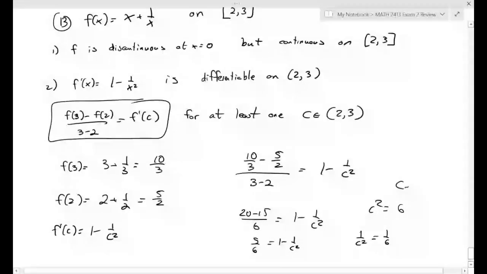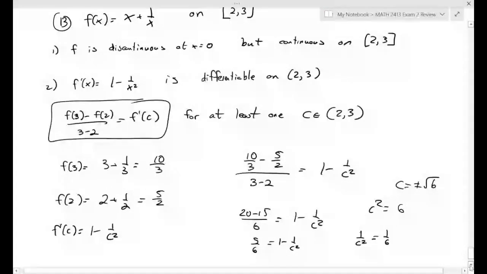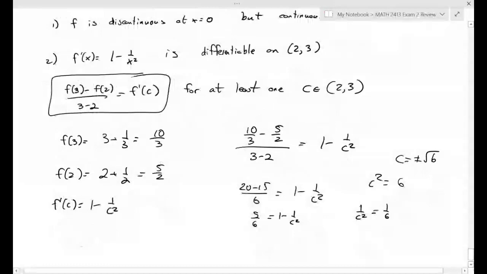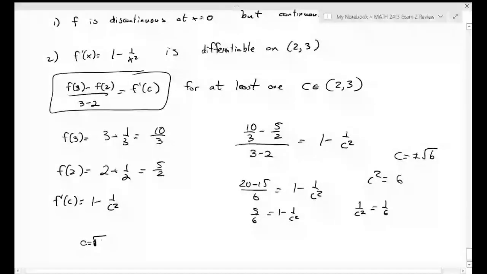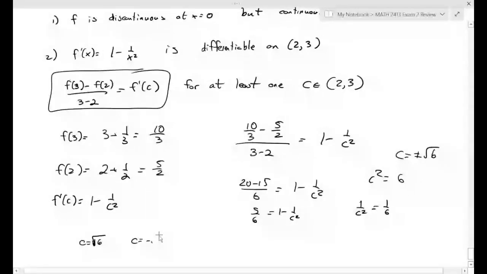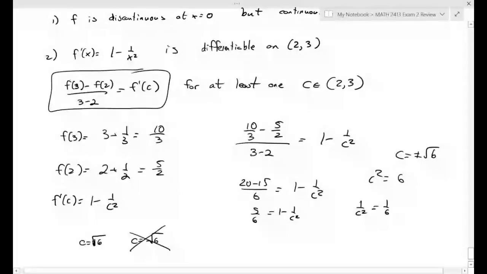So c would be plus or minus square root of 6, except we just want to keep the one that's in our interval that's guaranteed. This is not in our interval, but this is, so we'll keep that one.